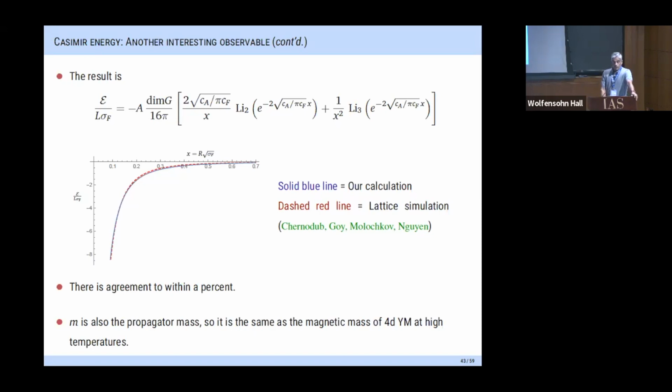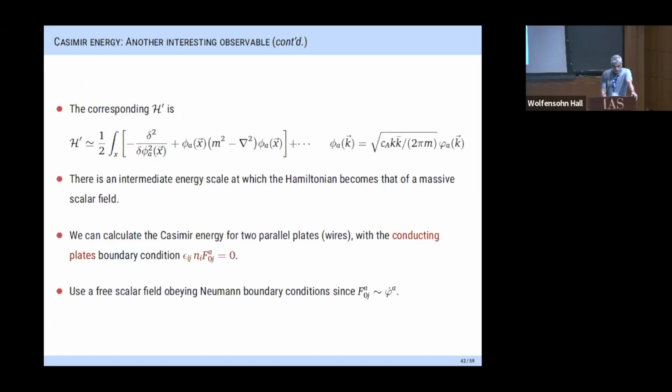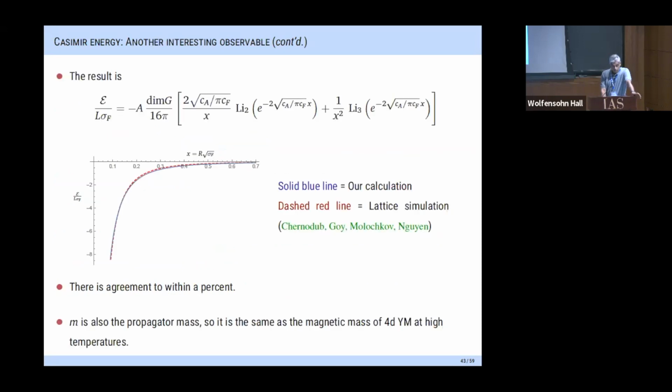Okay. Now, what is this mass? I mentioned that this mass actually is also a propagator mass. You see that more explicitly when I look at the formula for the Hamiltonian. This is like a massive scalar field. So if I were to compute a propagator for this phi field, this mass would enter there. And then you can see that it is actually going to act as a propagator mass for the gluon, but in a gauge invariant description.